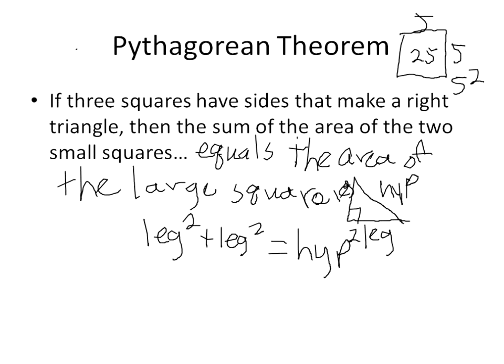If I know the length of this side and the length of this side, I square this one, I square this one, and we get the length of this side squared. We're going to look at that in terms of numbers in just a second, because using words or letters all the time can get confusing.